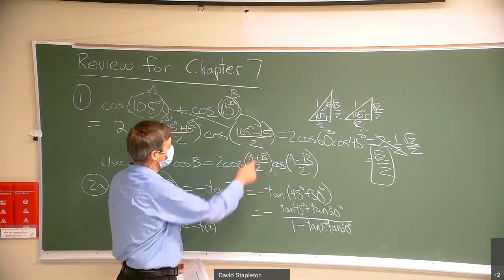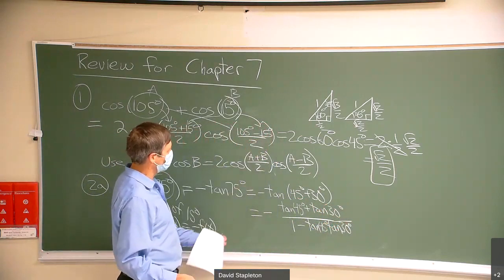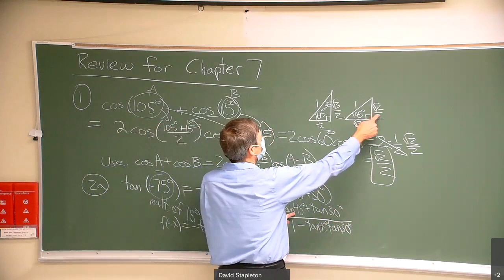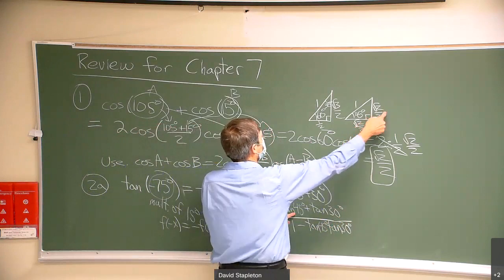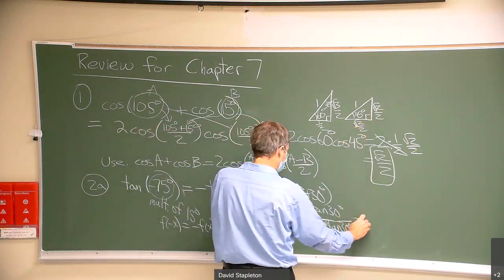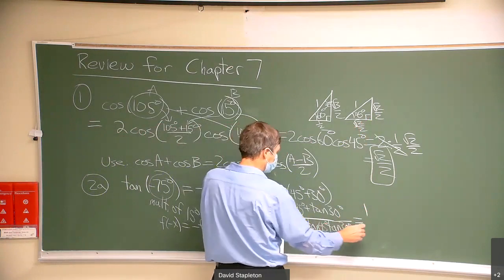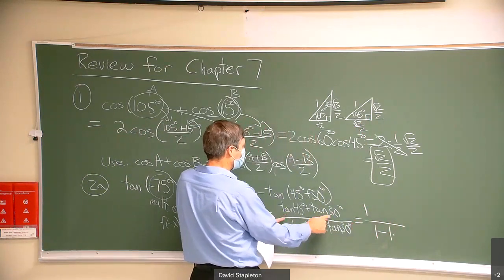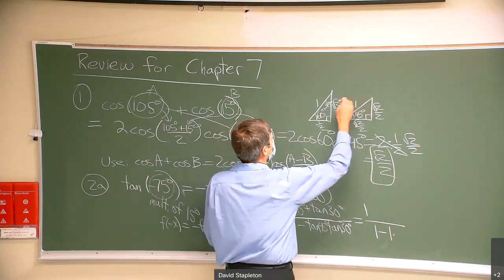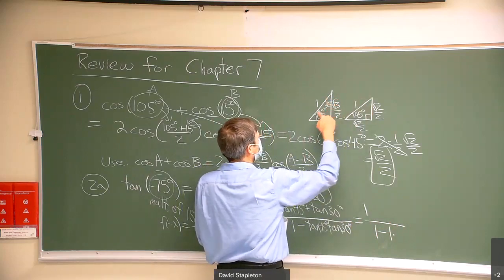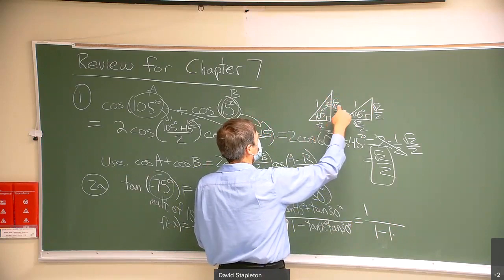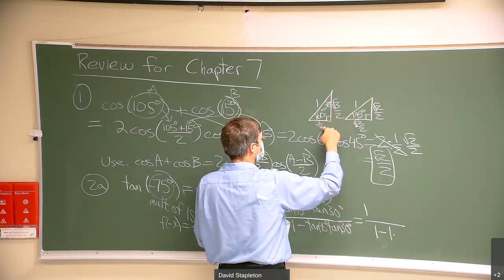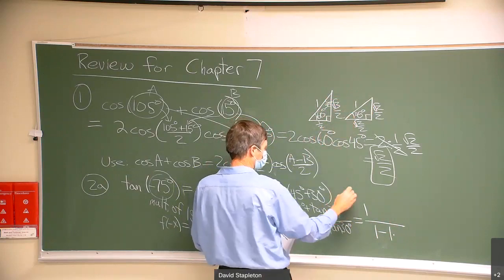Now I've got these triangles memorized, so I can just calculate. Tangent 45 is opposite over adjacent. This over itself is 1. Then tangent of 30, I'll go up here. Here's 30 degrees. Tangent is opposite the 30-degree angle over its adjacent: 1/2 over square root 3 over 2.